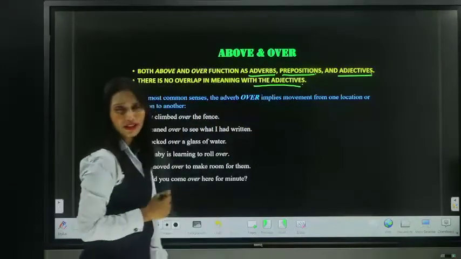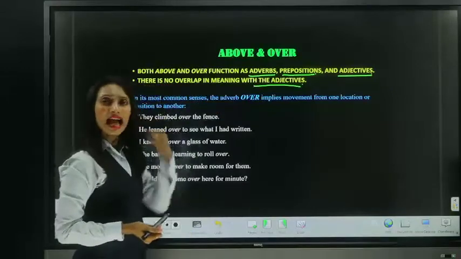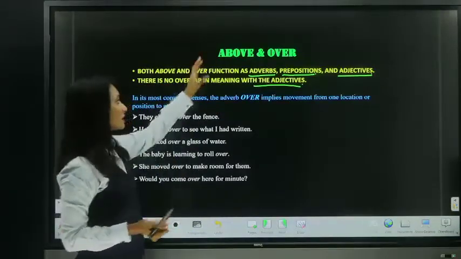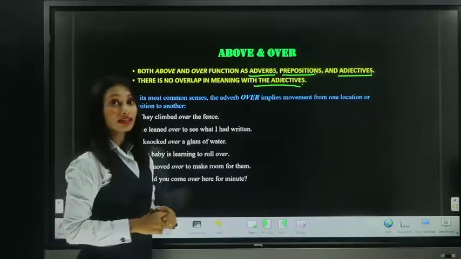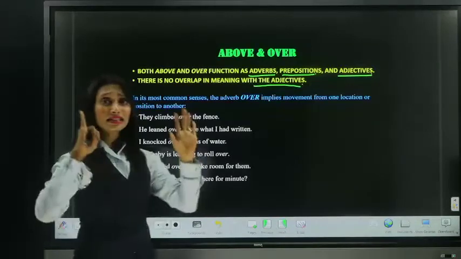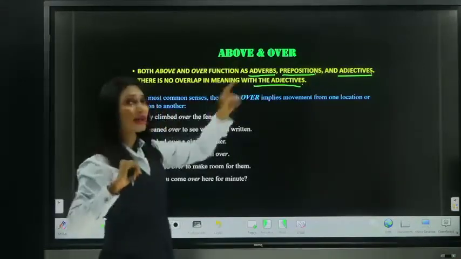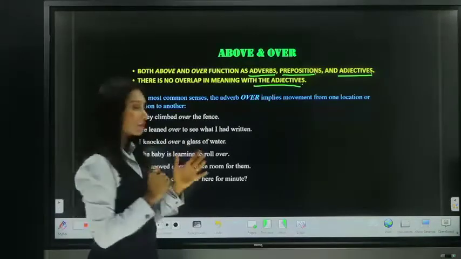There is no difference when they are used as adjectives. There is a difference when they are used as adverbs and prepositions. So what are those differences? Let us see one by one. I'm giving you six usages for above and over, showing where above is used and where over is used.